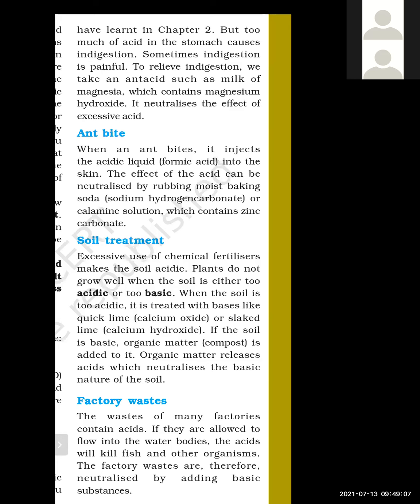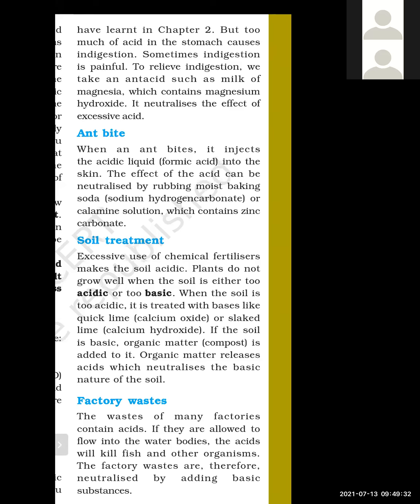It is easily available at Kirana stores. When an ant bites or any bee bites, like a honey bee or bumblebee, there is a swelling on our skin. So the mitha soda or this baking soda is a very good solution to cure that pain.